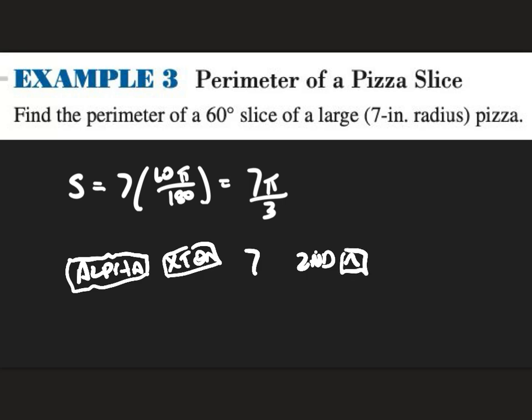This key is over the division symbol. Anytime I put something in a box, these are keys, buttons you push. Put it over 3. You have to hit the down arrow to get below the fraction bar. Then hit enter, and you will get a decimal equivalent of this sector length.